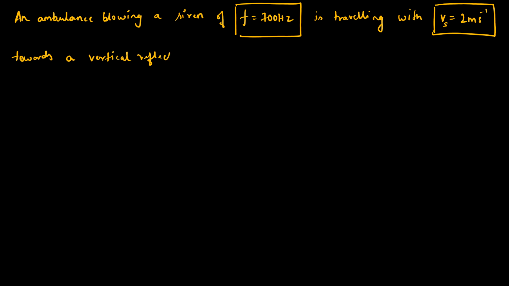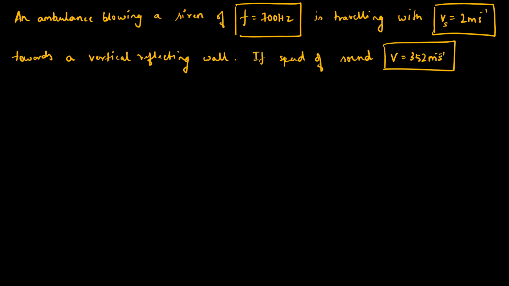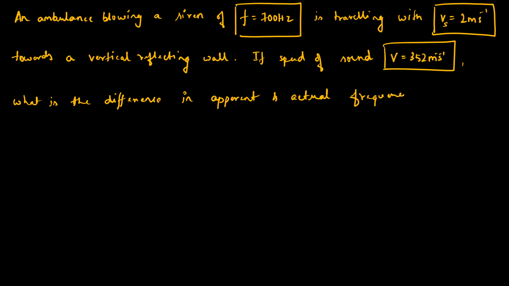If the speed of sound, so V is given as 352 meter per second, you should find out what is the difference in apparent and actual frequency. Okay, so this is the question.